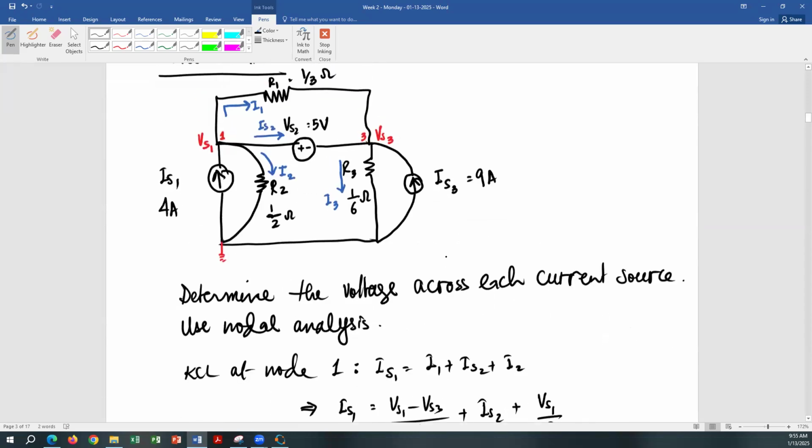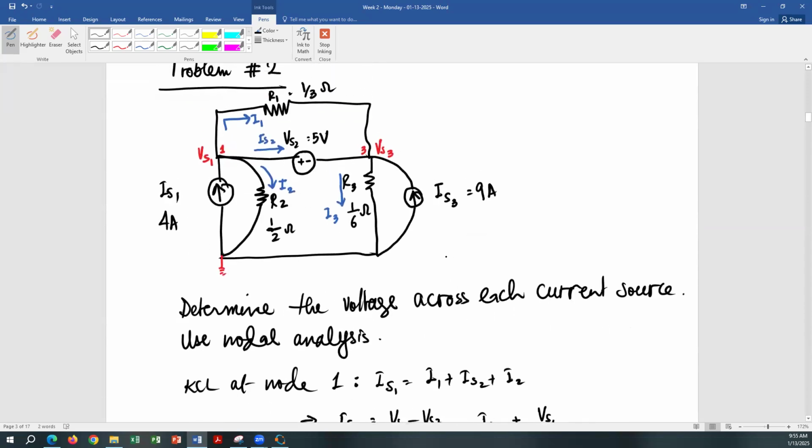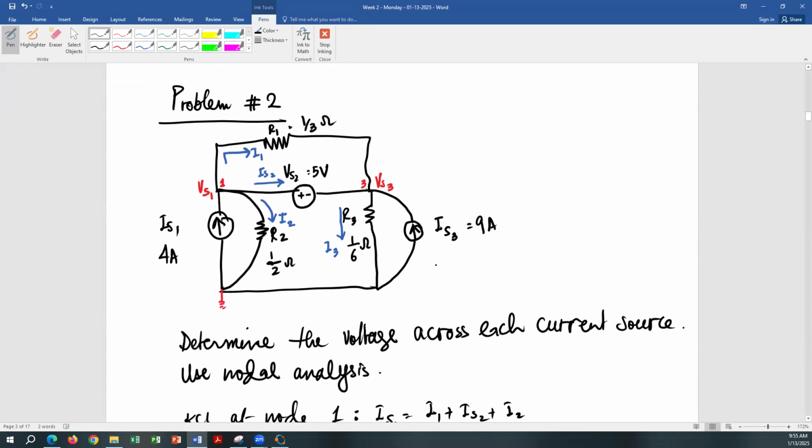Okay, so I1, what is the equation for I1? Look at the direction of I1. I keep repeating this. Look at the direction. So I1 is going from Vs1 to Vs3, so Vs1 minus Vs3 over R1.